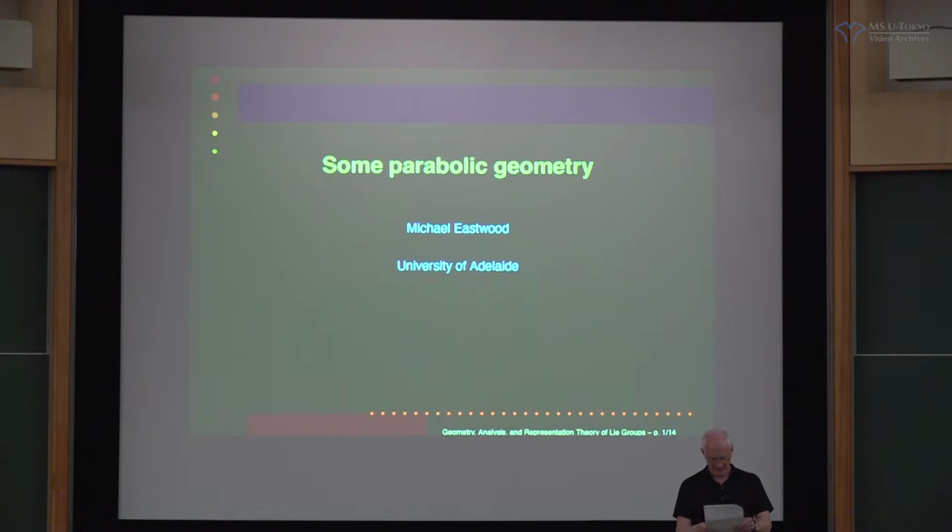Of course, what I was planning to do was give you some sort of general spiel about parabolic geometry, what it is and so on, and have an example at the end. But the example sort of took over. So I'm going to tell you about the example first, and probably that's all I'm going to tell you about. And we'll pick up what parabolic geometry actually is as a byproduct of discussing this example.